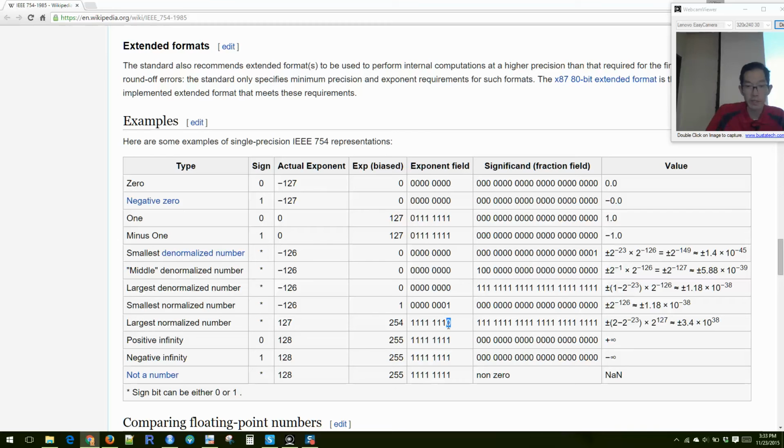Now, we can't fill out the exponent with all 1s, because if we fill the exponent portion with 1s, then that takes on special meanings.